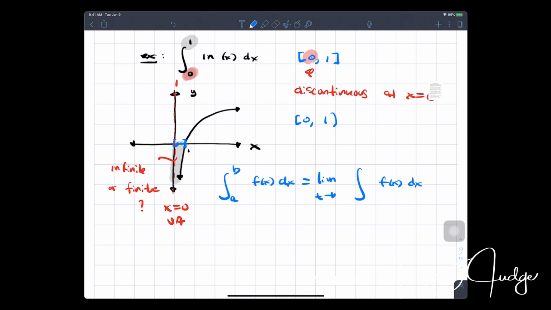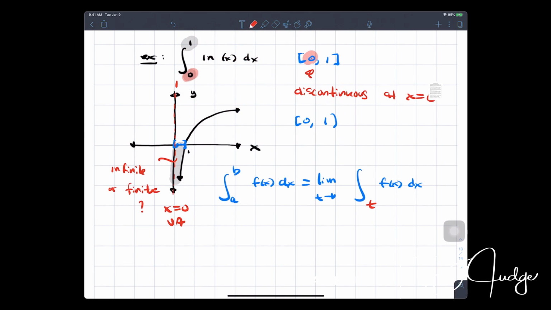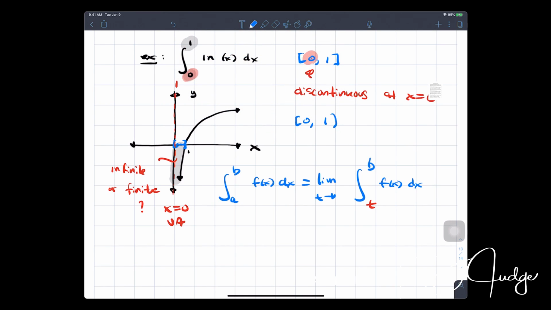Which bound do we have the discontinuity? It's going to be, in this case, the lower bound on the left. So replace this with t. The upper bound stays the same. It's going to be b.